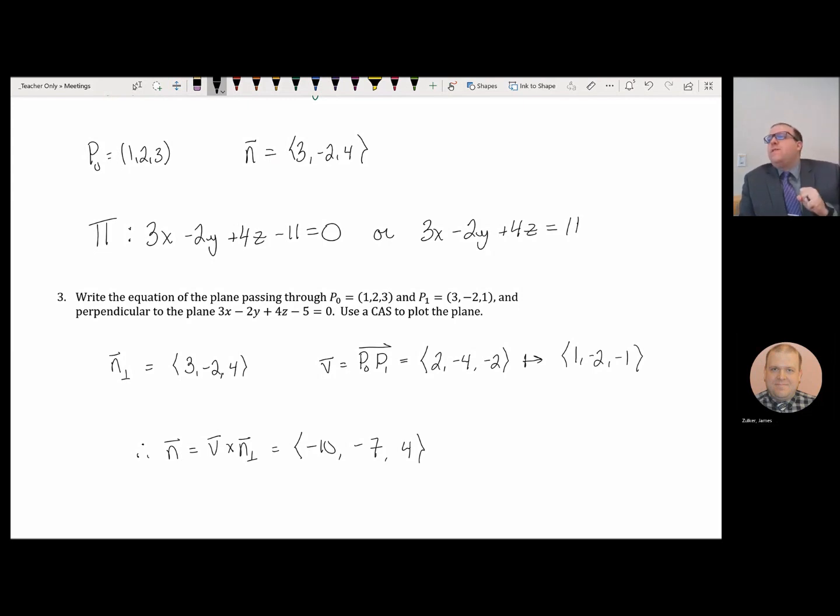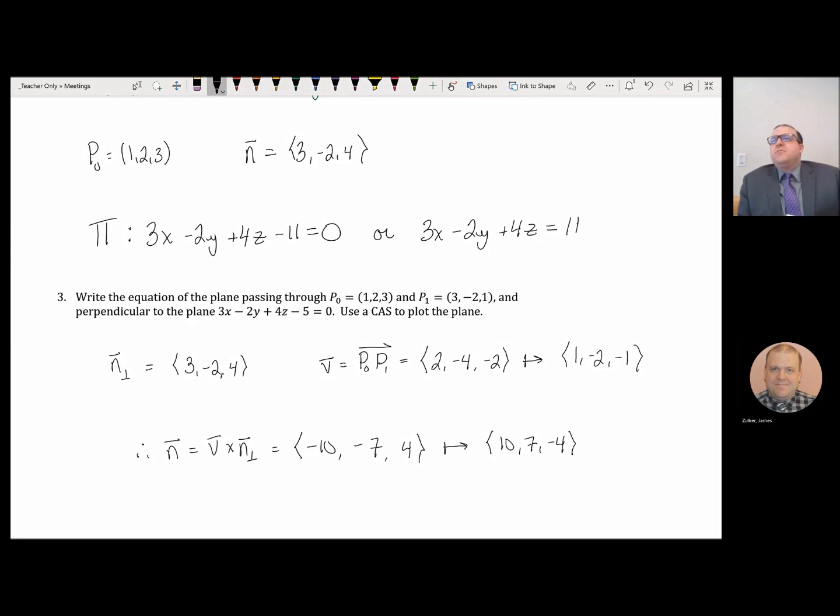Now, purely for my own personal reasons, I'm going to use the opposite direction. I hate negatives. The fewer negatives, the happier I am. So I'll just use 10, 7, -4, right?